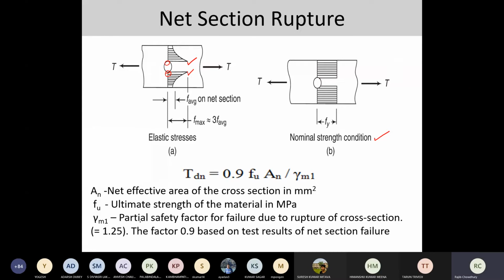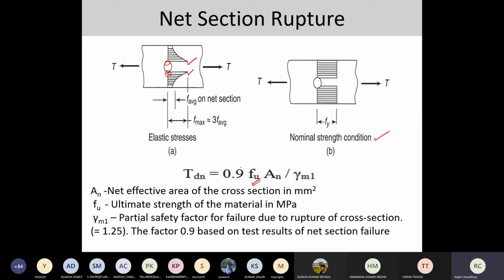If we provide more and more load over there, what would happen? Each fiber away from the hole will progressively reach the maximum or ultimate value. That is why in the net section rupture, we are considering the Fu, not the Fy.